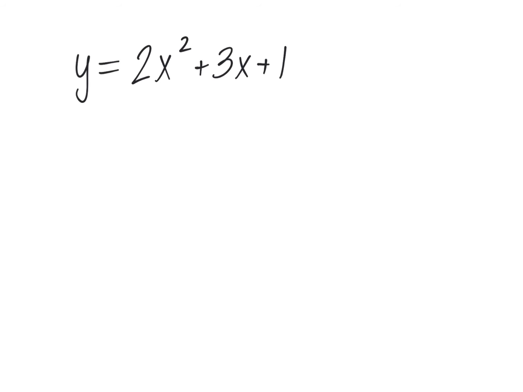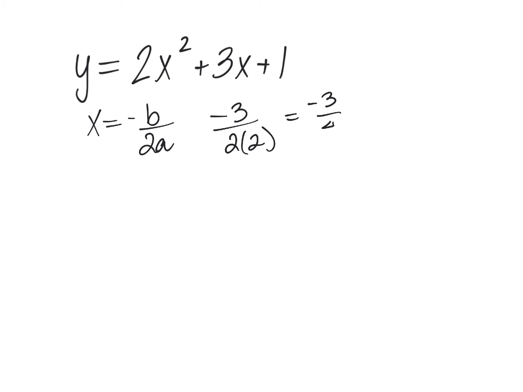The parabola is symmetrical, but in order for it to be symmetrical, it has to be the same distance from the vertex. So what's my equation for vertex? Let's not get scared yet, okay? X equals negative b over 2a. So that's negative 3 over 2 times 2, which is negative 3/4.